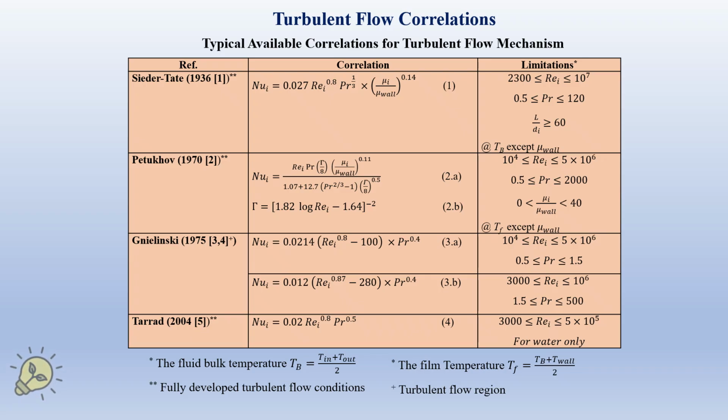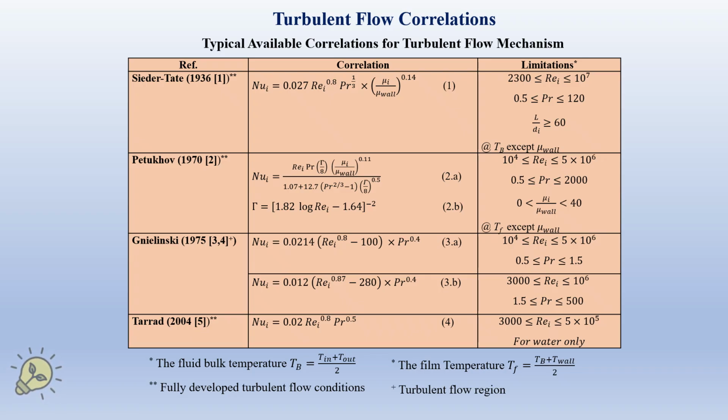And we should mention that the thermal properties of fluid usually are based on T bulk or Tf. T bulk, T sub B, and T sub F represents the film temperature.